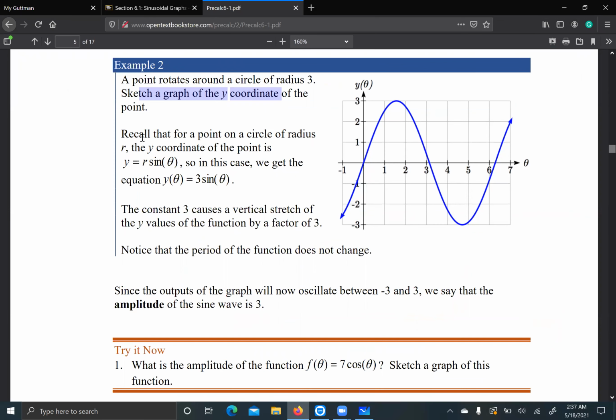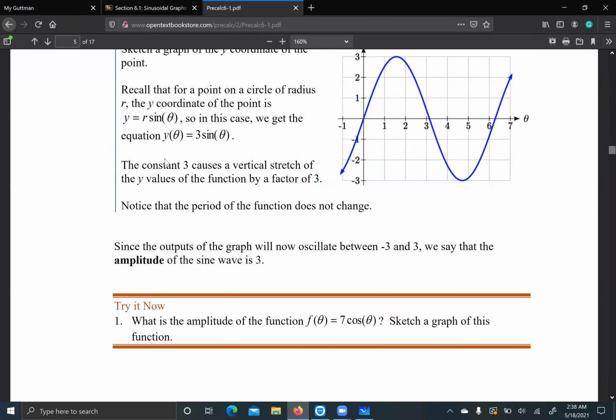The only trick is that because y is r sine of theta, now we multiply sine by the radius 3. So it's like a stretch. It's like you have a transformation: the graph of sine multiplied by 3. So you're stretching the graph.